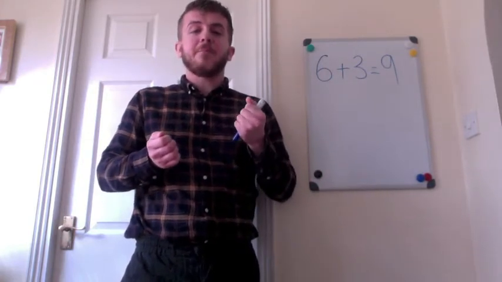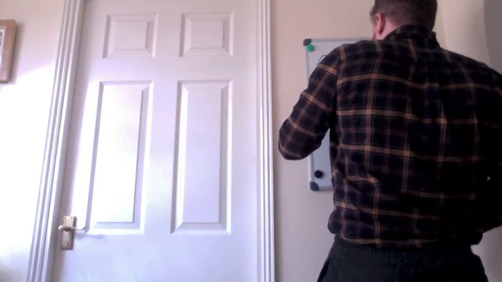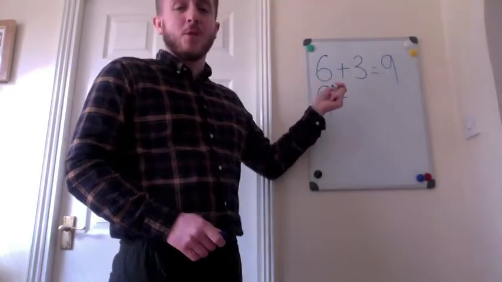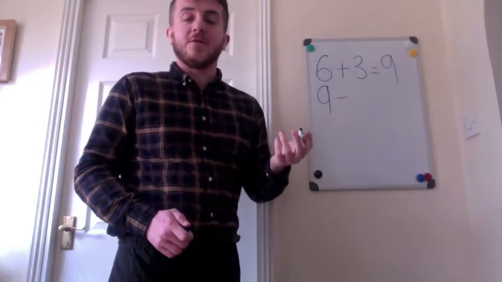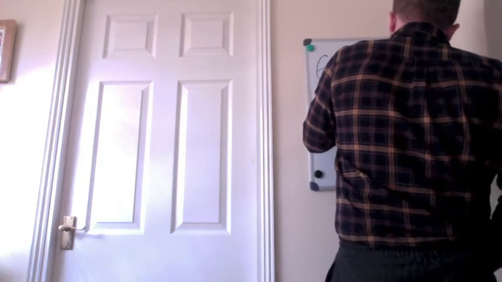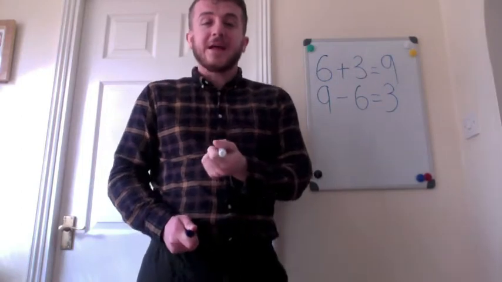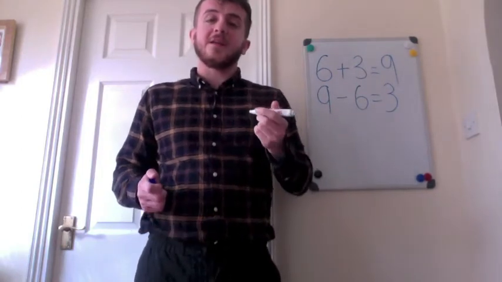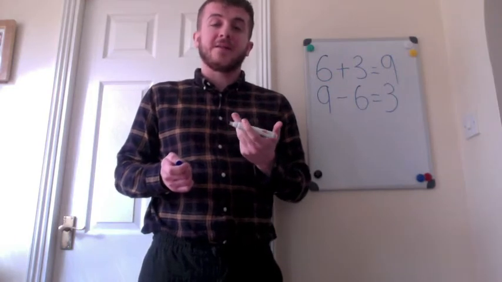So I'd take that biggest number, I would take that 9, and I would take away either one of 6 or 3, just to check my answer. So let's try 6. Again, using my brain power, I've calculated that 9 take away 6 equals 3. So therefore, I know my answer is correct.